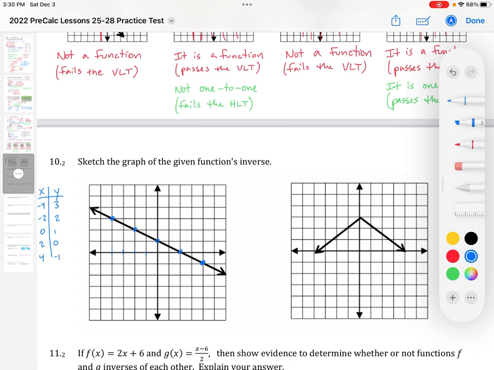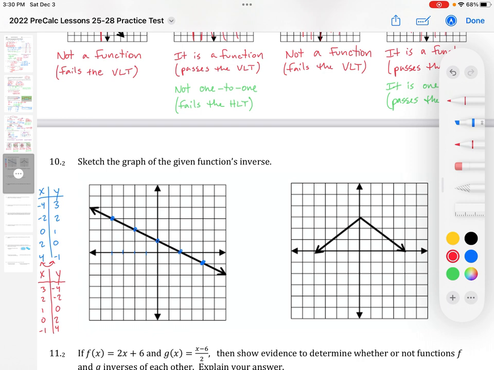So we know inverse functions just switch x's and y's. So now my x values are going to become 3, 2, 1, 0, -1. And my y values are going to become -4, -2, 0, 2, and 4. So these just swapped places, and now we're going to graph those points.